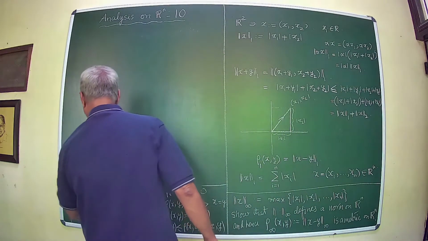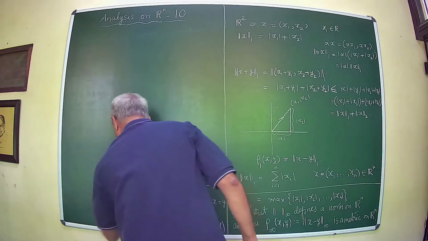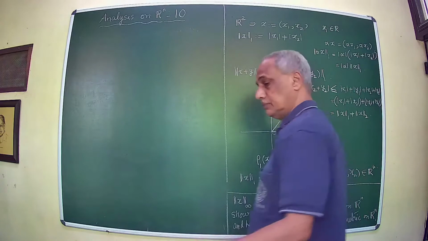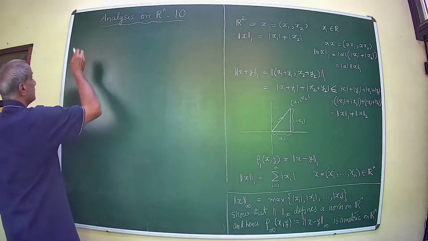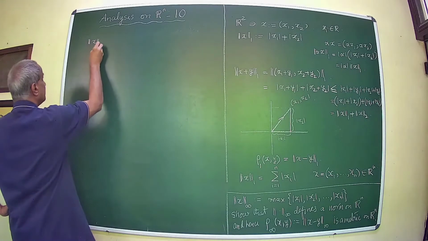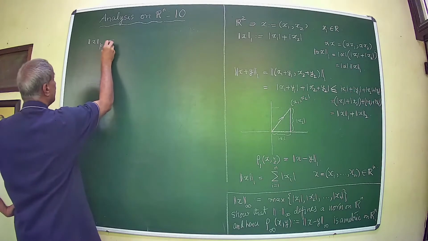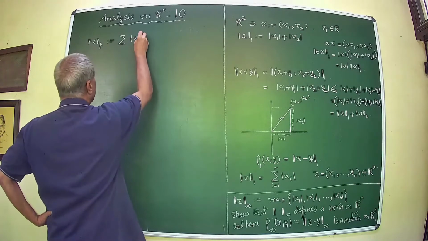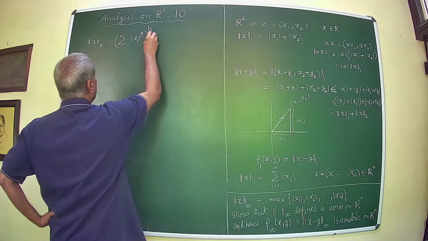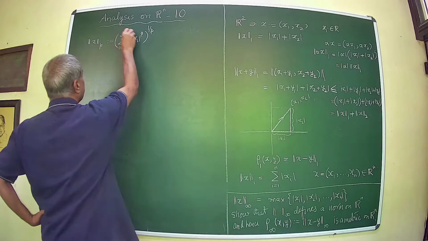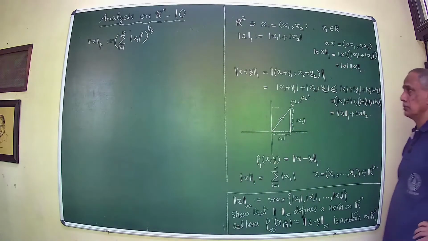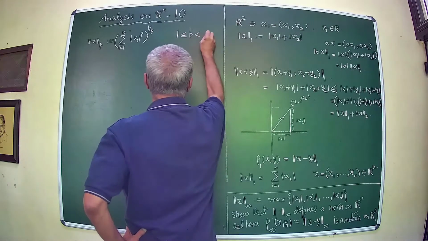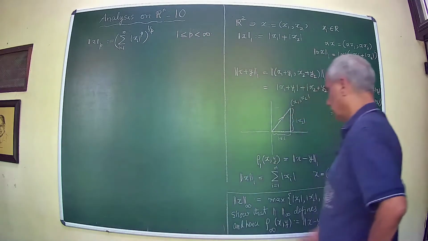Now on Rn, we define the norm x p to be the sum of mod xi to the power p, i running from 1 to n, all to the power 1 by p, for 1 less than or equal to p less than infinity, and norm infinity you define as before.